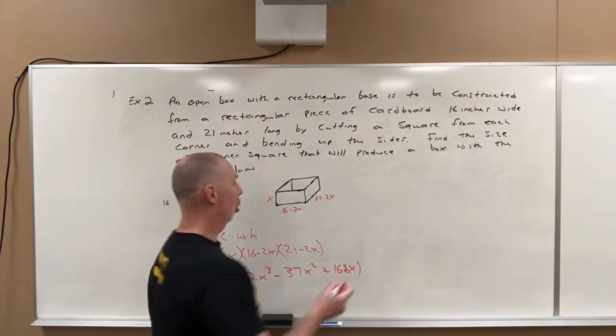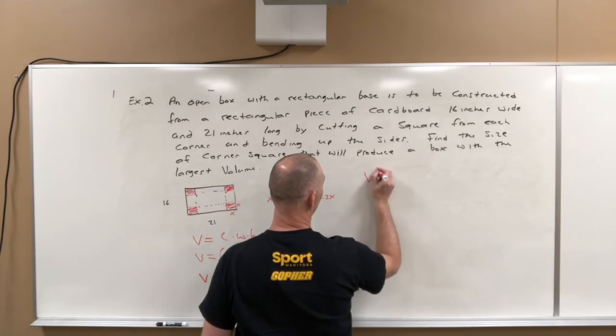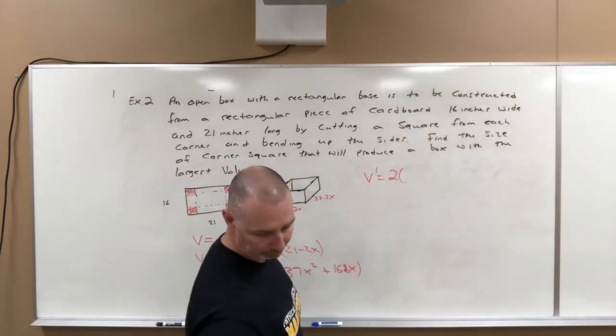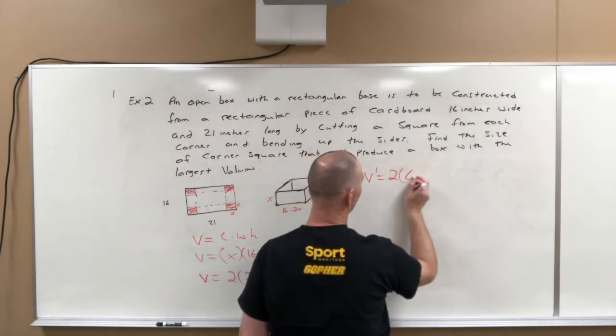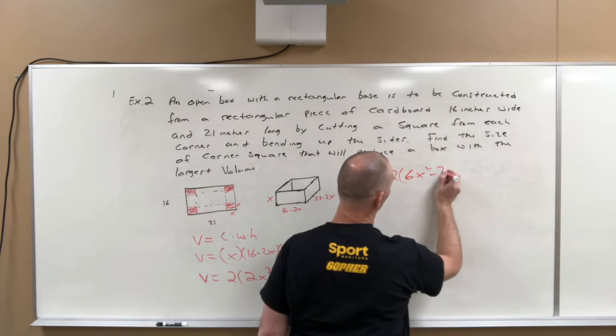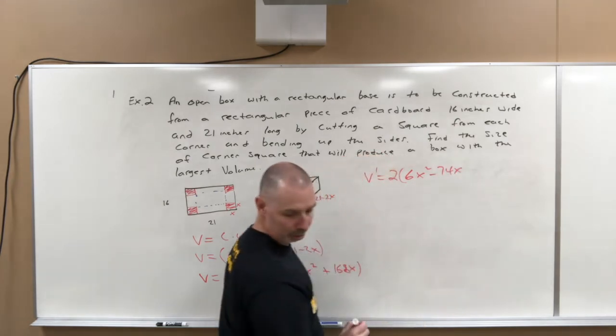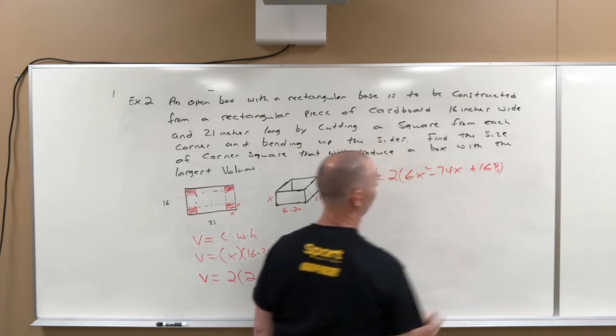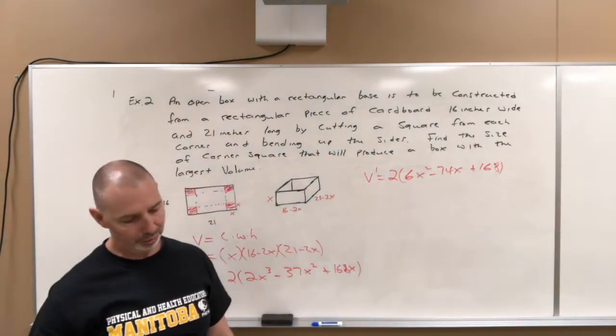So here we go, V prime equals 2 times 6x squared minus 74x plus 168. All right, so there's our derivative.